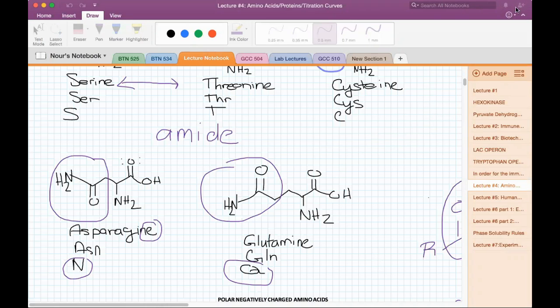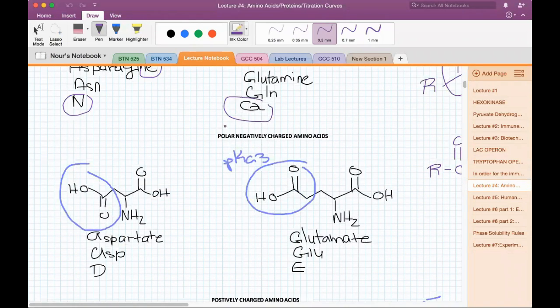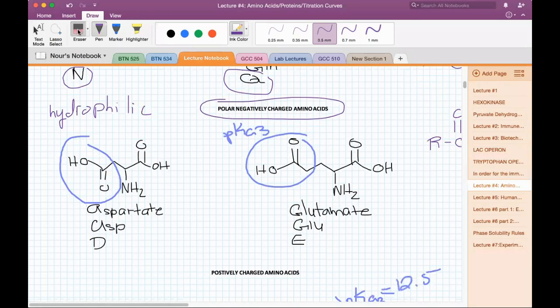So next, let me move down. These polar negatively charged amino acids are hydrophilic, and they're negatively charged. I call these aspartate and glutamate. That's the name you would use if it had this structure.